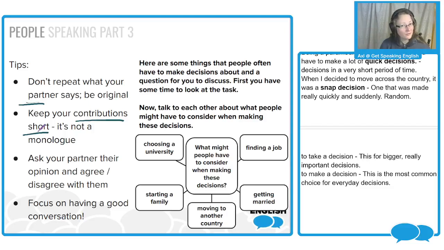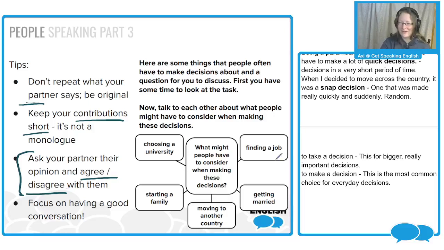But it's not a monologue, and actually you're judged on how well you can interact and engage in a conversation on this part. So instead, keep your contributions short, and then ask your partner for their opinion, right? So ask them if they maybe agree with you, disagree with you, what their thoughts are.